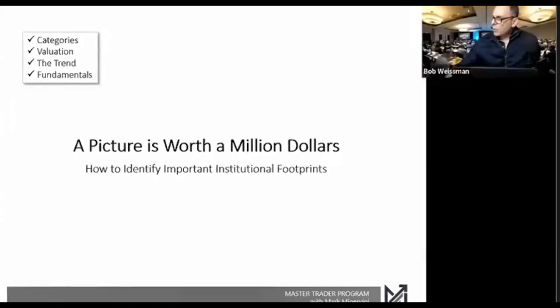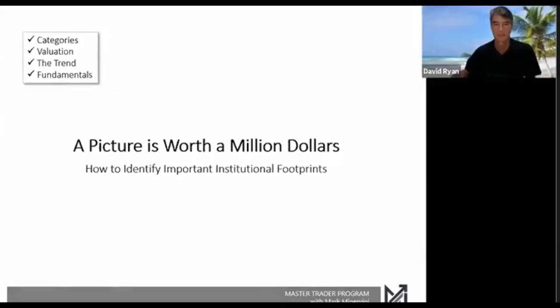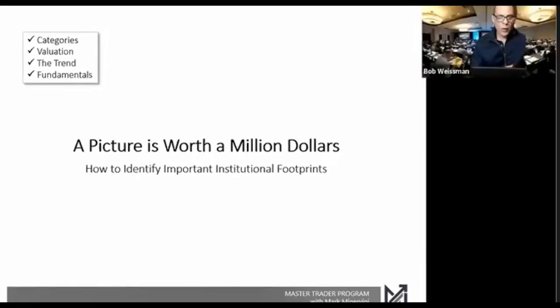Okay, so we're back, and just to recap, we've gone over categories, we've gone over valuation, we went over the trend, and we also talked about fundamentals. So we covered a number of topics, and we're going to now finish off day one with a picture is worth $1,000,000, we call it.